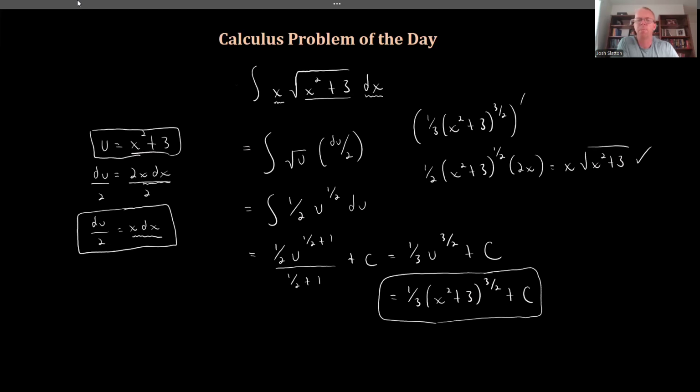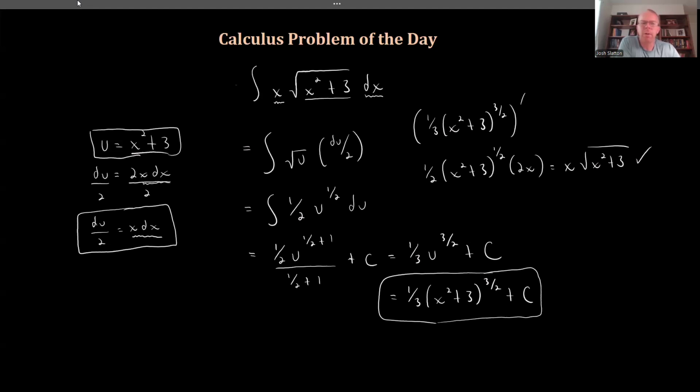So that checks out. So when you're doing these, you don't always have to know immediately what your u is. You can try something and see if it works. And in fact, I think it would still work even if you just let u equal x squared. I think that would still work. So try something for a u, take the derivative, and then you want to make sure that all your x's are accounted for in the u and the du, and then make the substitutions, see if you can integrate at that point.